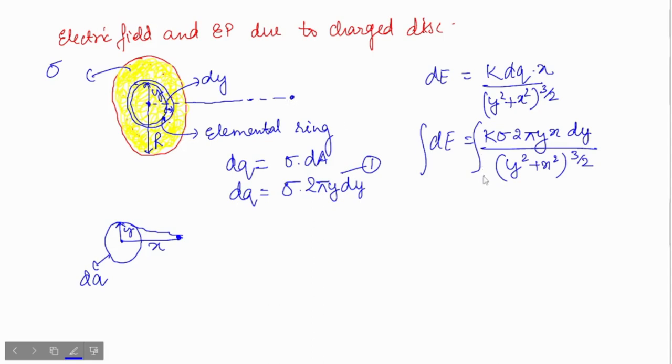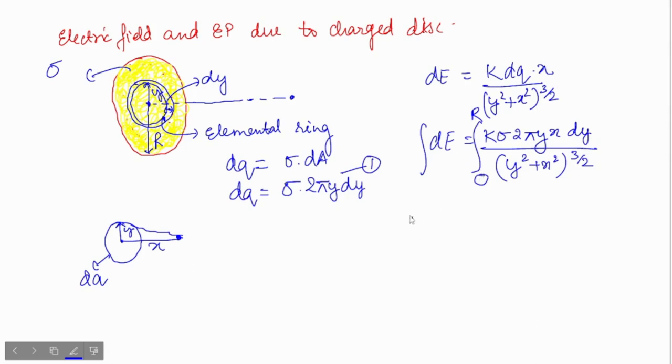We are taking the ring at a distance of y from the center, so y is varying from the center to the circumference of the disk. So the limit will be from 0 to r.